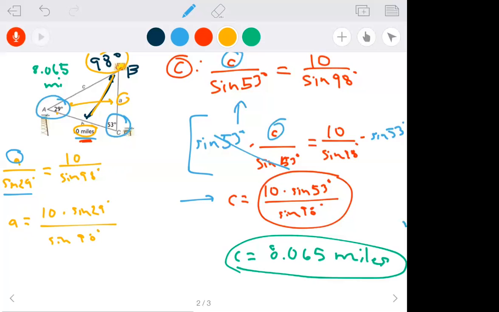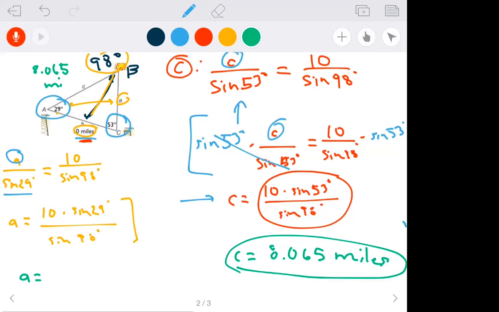Once I calculate this in my calculator, 10 times the sine of 29 gives me 4.848. I'm going to divide it by the sine of 98, and I end up with 4.8957.